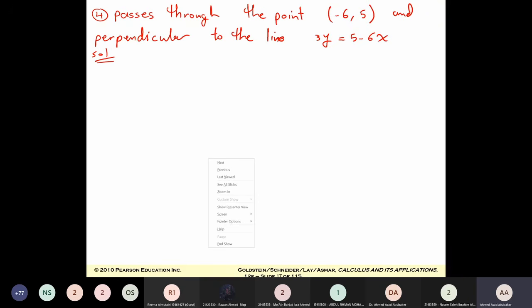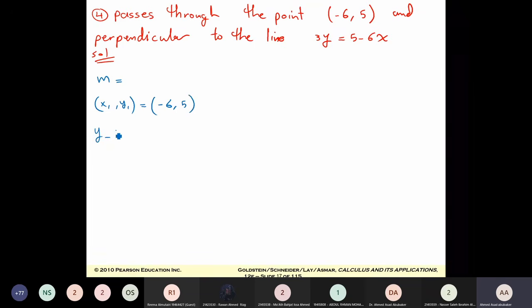So we need to conclude the slope from the given perpendicular line. Also, we need to find the slope first, and given x1 and y1, these are the values minus 6 and 5. After that, we can find the equation of the line.